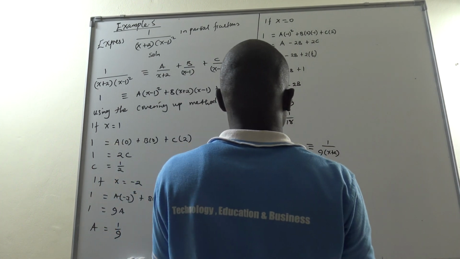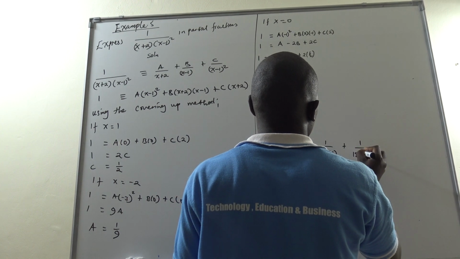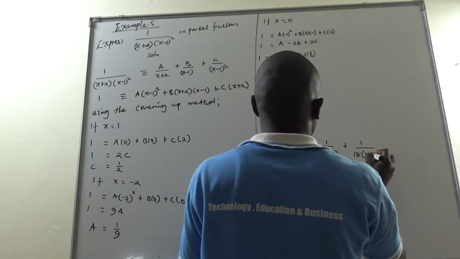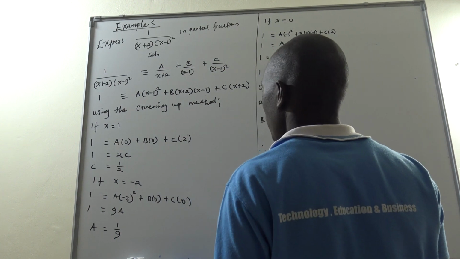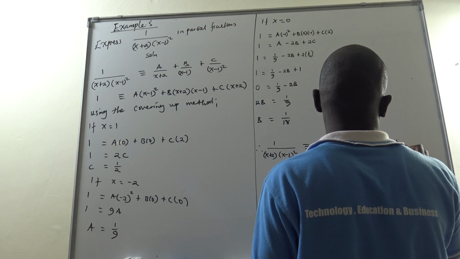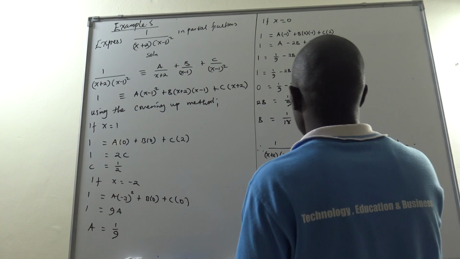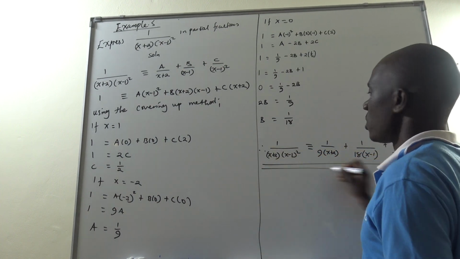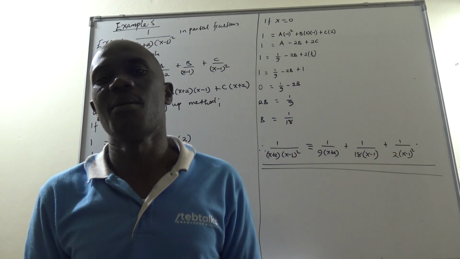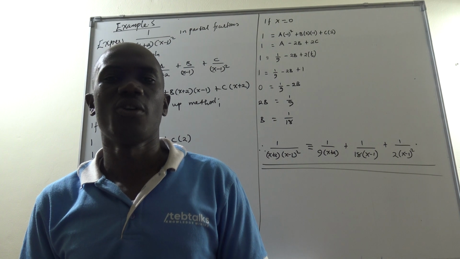B is already 1 over 18. We say plus 1 out of 18 into (x - 1). Do we know the value of C? The value of C is already a half. We say 1 out of 2 into (x - 1), the whole of it squared. So this is the way we can express that given number into the required partial fraction.